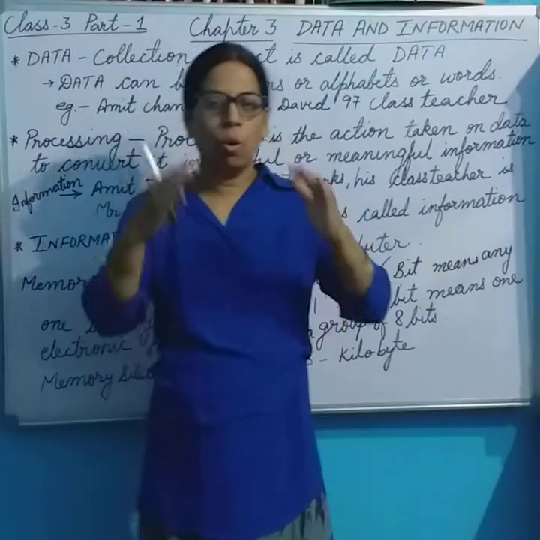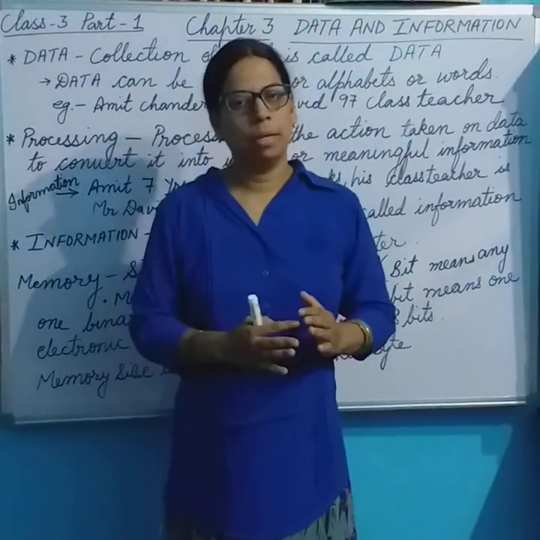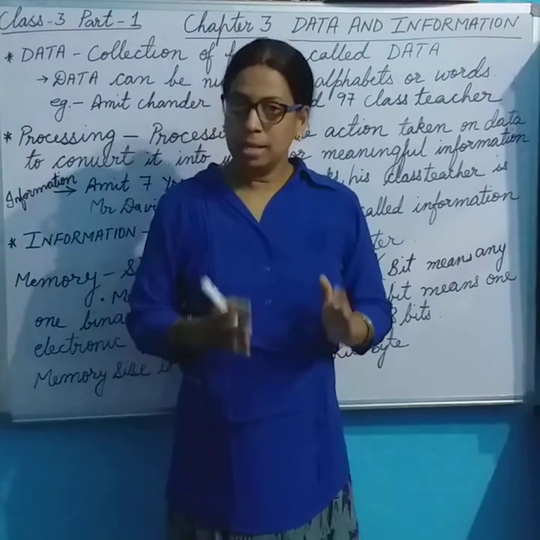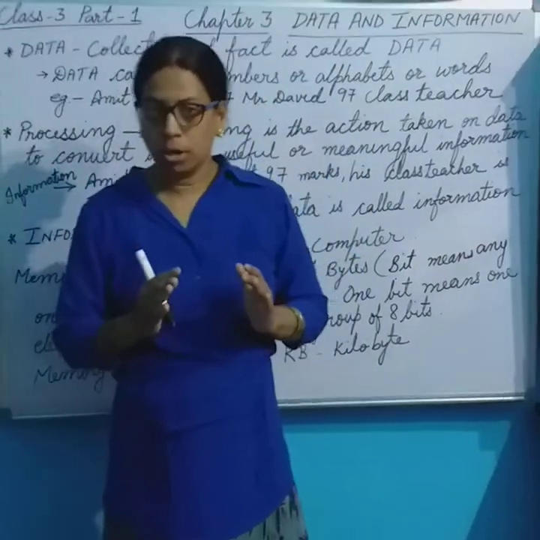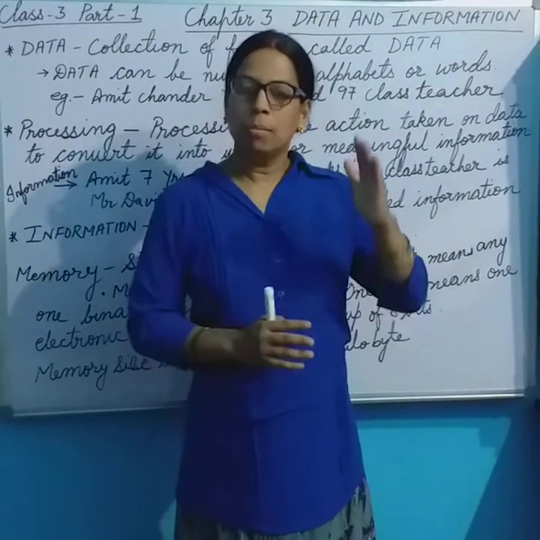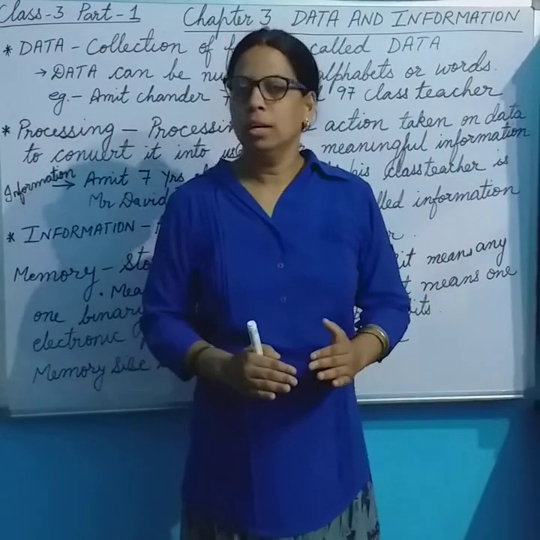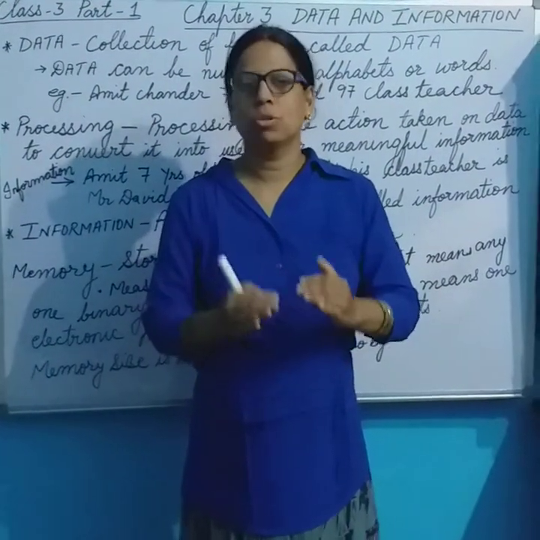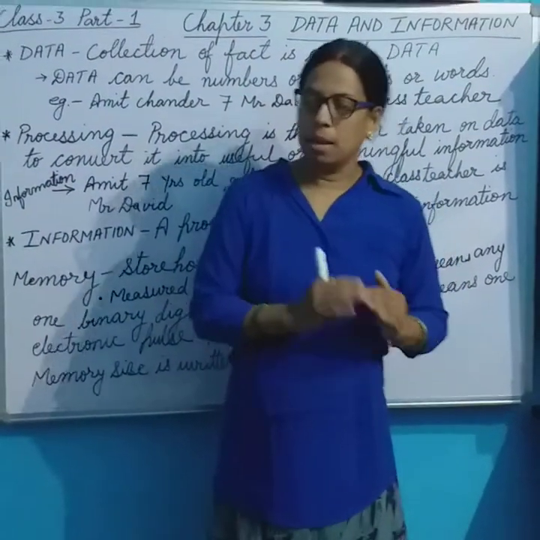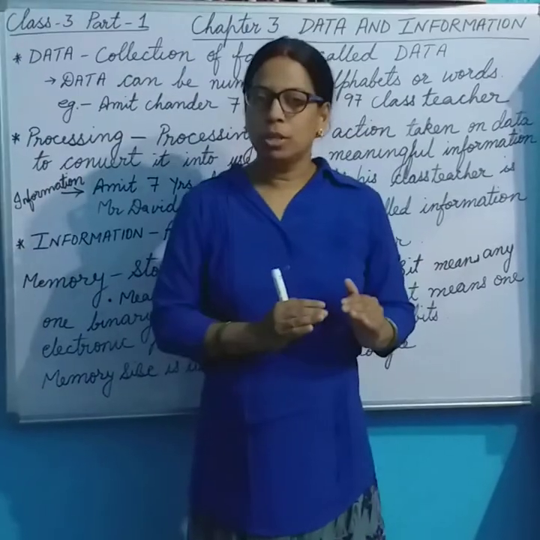And once all the names and all the marks are taken by the monitor, is the monitor now ready with the highest mark? No. The monitor has only got all the data of the classmates, all the marks of the classmates with their names. Now, what will the monitor do?